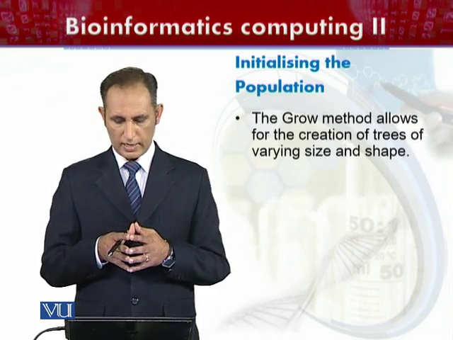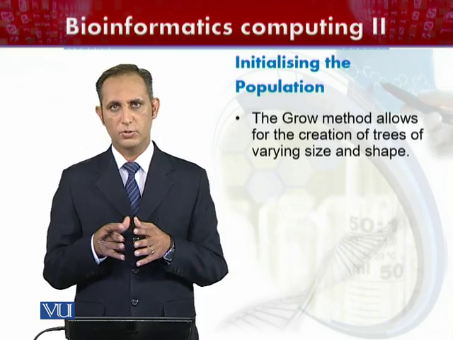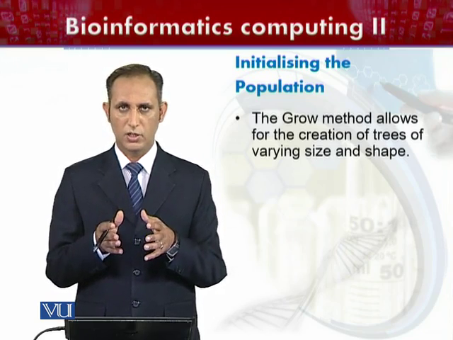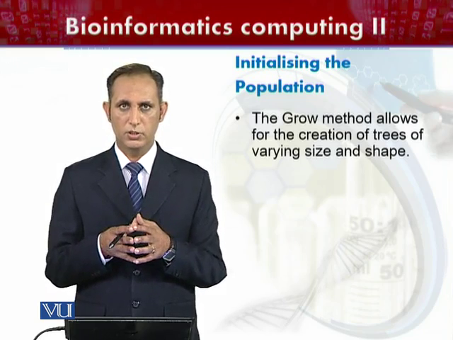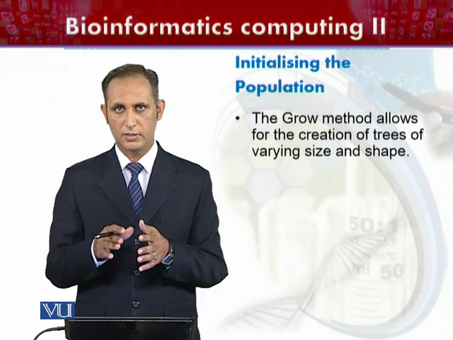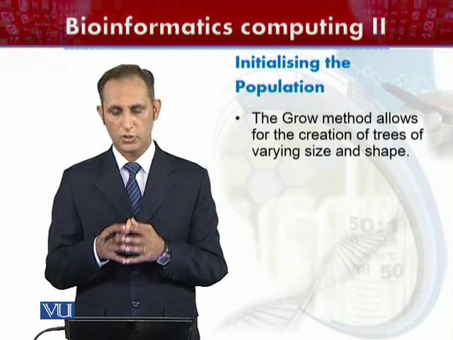The grow method allows for the creation of trees of varying size and shape. This is an advantage of the grow method over the full method, because the full method was able to produce trees of only a specific size and shape, but the grow method has the potential to generate trees of varying size and shapes.